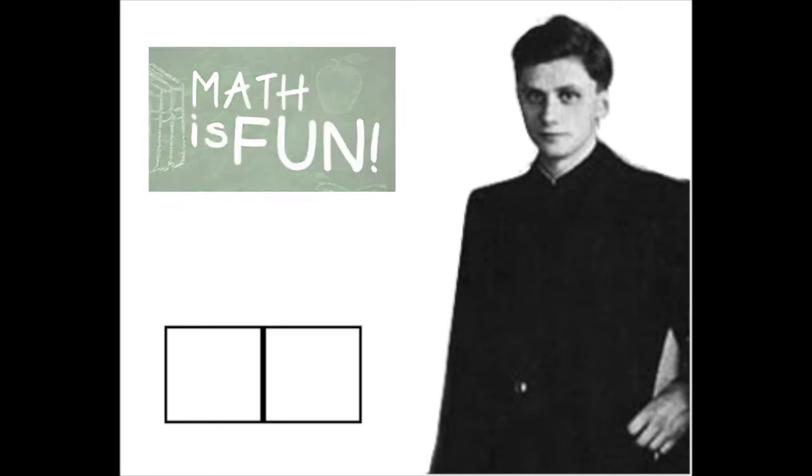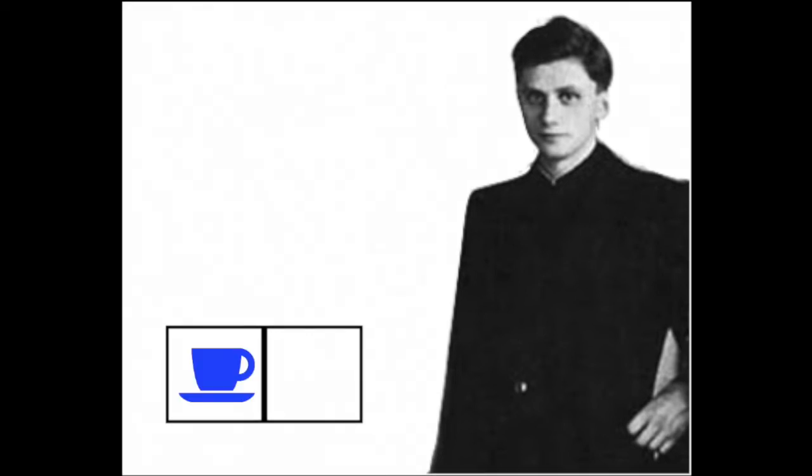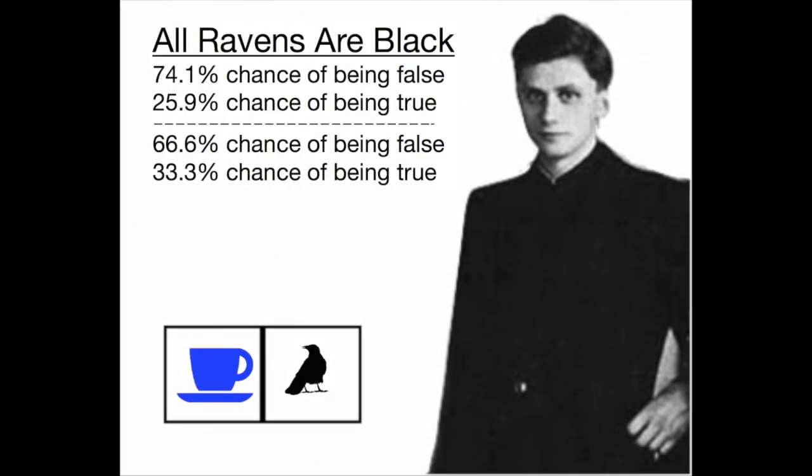So there's about a 74.1% chance that all ravens are black is false, and only a 25.9% chance that it's true. But if the first square reveals a non-black coffee cup, we know that the second square has to be a raven of some color, and because there are only 3 colors, we know that there's a 1 in 3 chance, or 33.3% chance, that the raven is black.